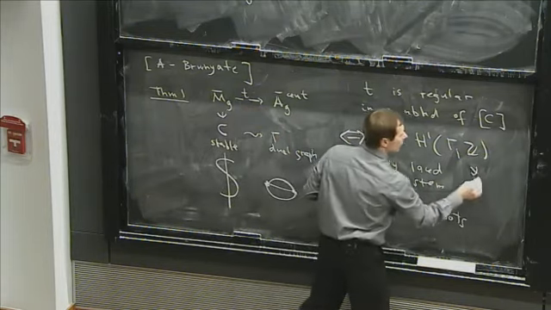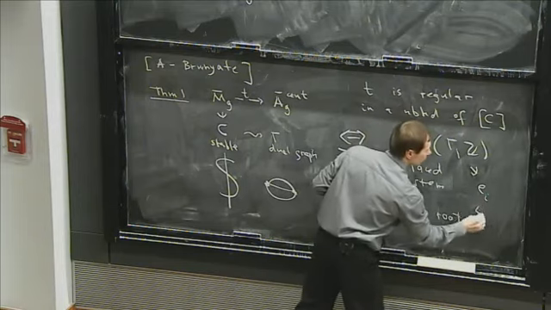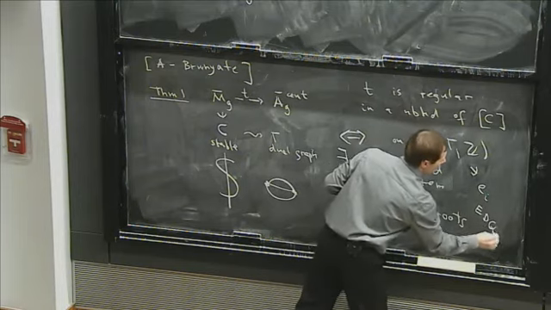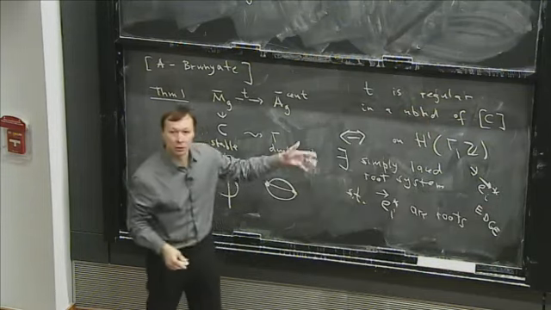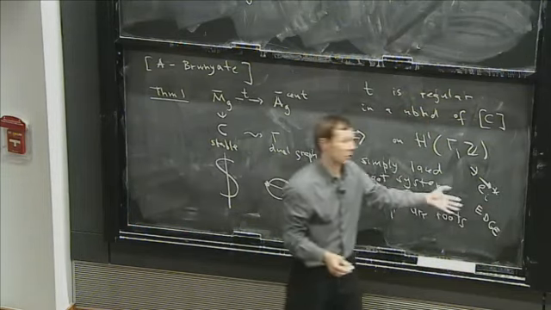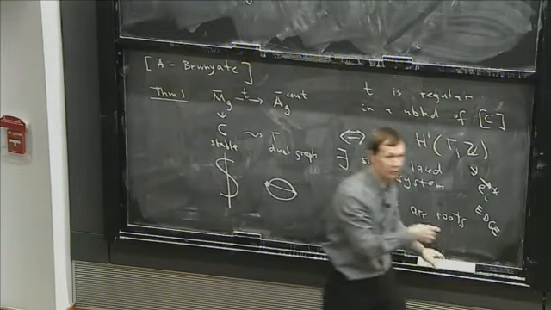So in the cohomology, for every edge there is a vector which I denote e_i star. Just look at the definition of cohomology.